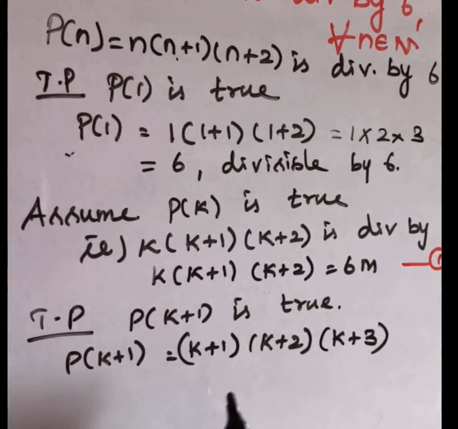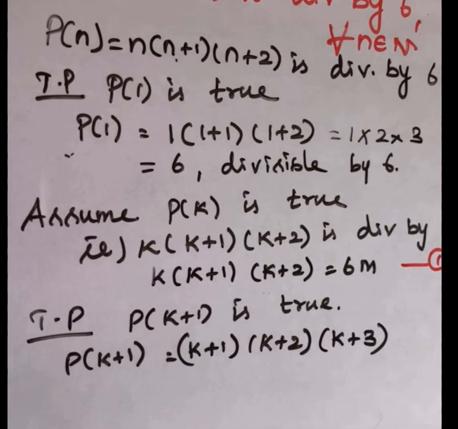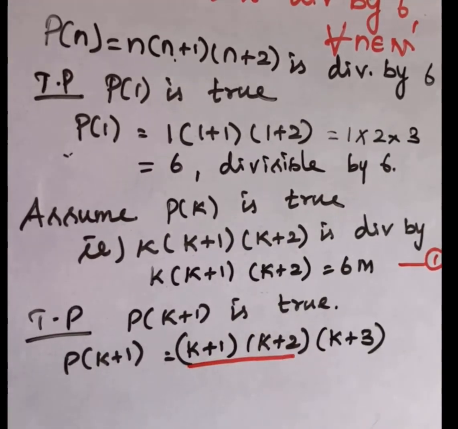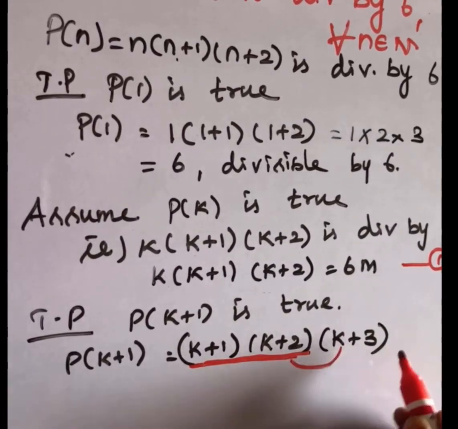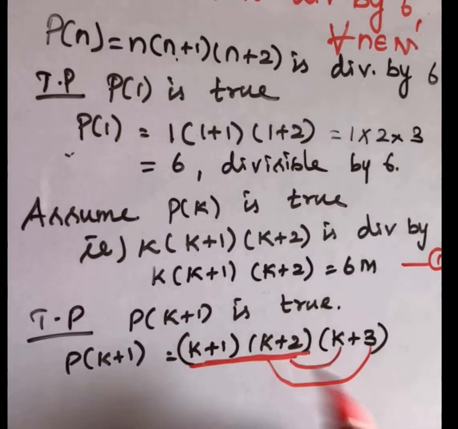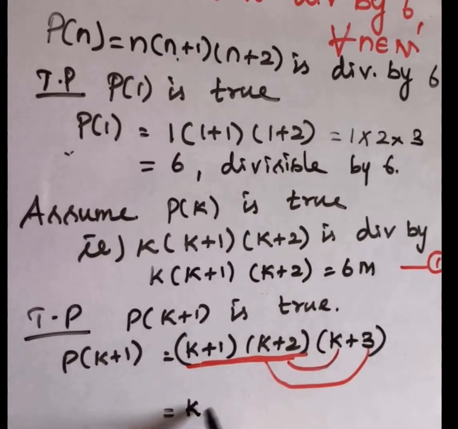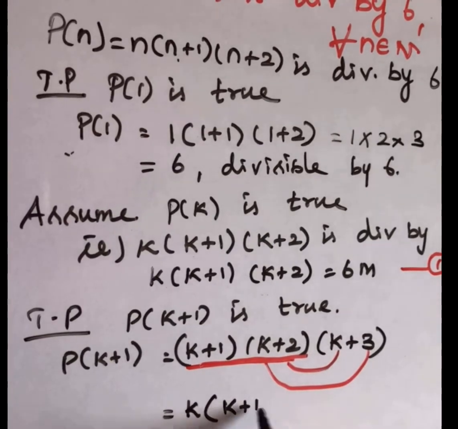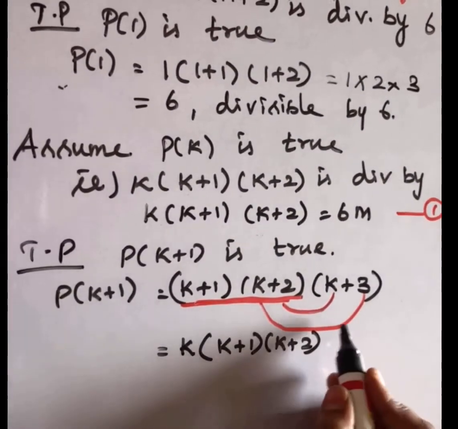That is equal to, now I take this as a single expression and I am going to multiply this expression with k and this expression with 3. Okay, so that is equal to k into k plus 1 into k plus 2. Now I multiplied it with k.